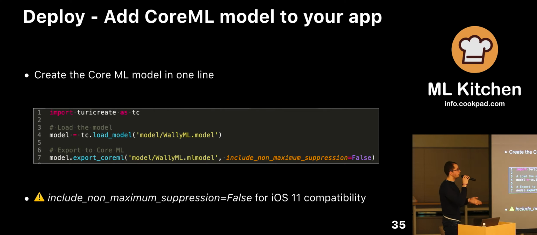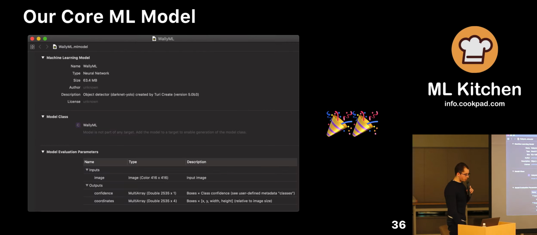If you put it false, you can use it for iOS 11. If you put true or nothing, it will be usable only for iOS 12. And now I have my Core ML model, the machine learning model for iOS. We call it like this.